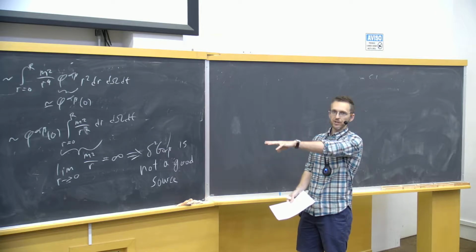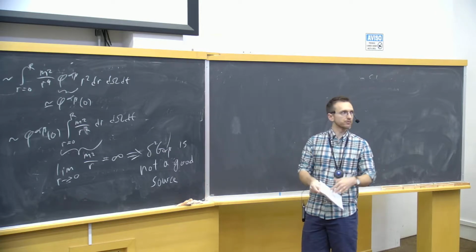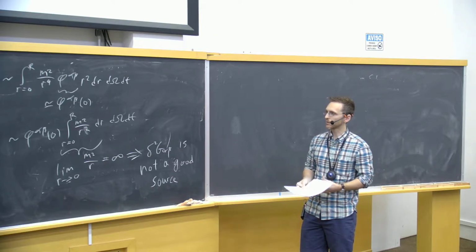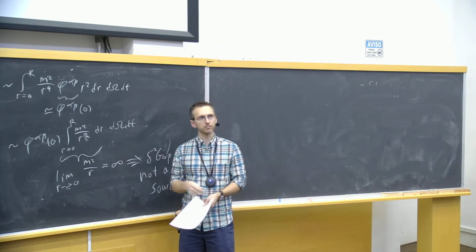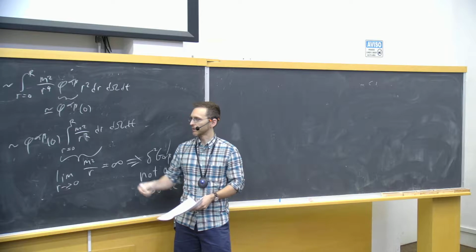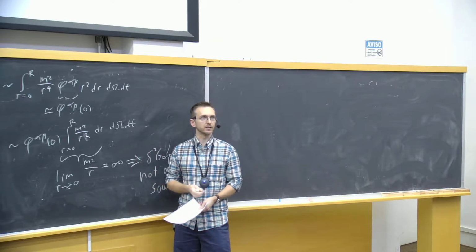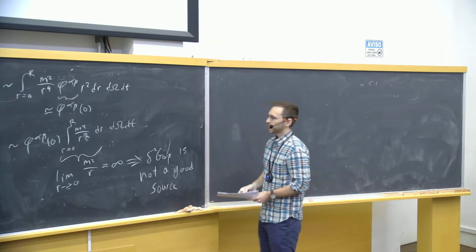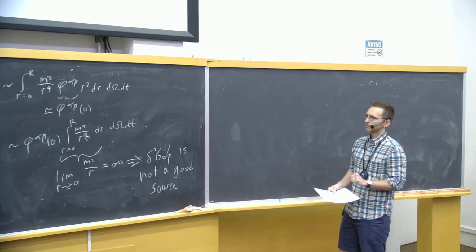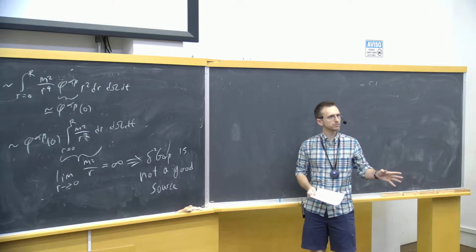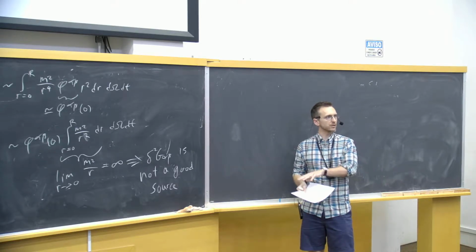So if you tried to just put this into your numerics and find the solution to the equation, you'd find that your solution never converges. No matter where you're trying to evaluate it, even infinitely far from the particle, you're going to get infinity as your answer every single time. Luke may cover regularization schemes in the PN context.